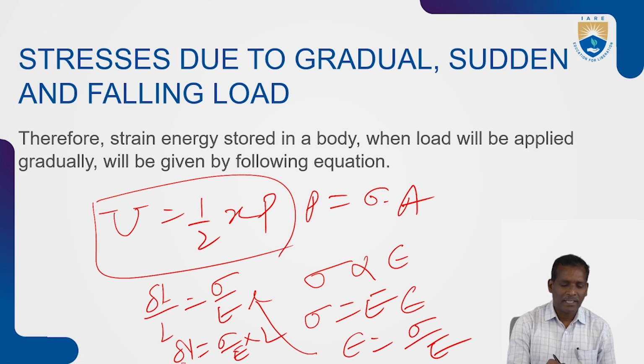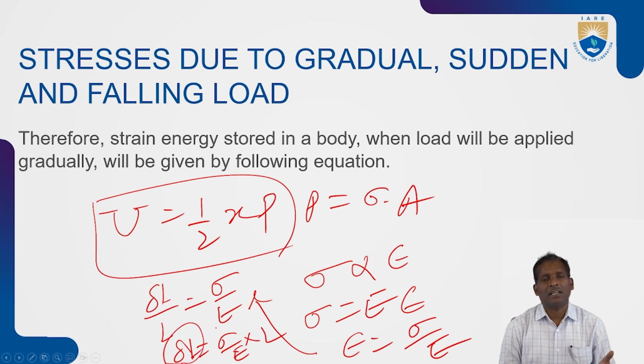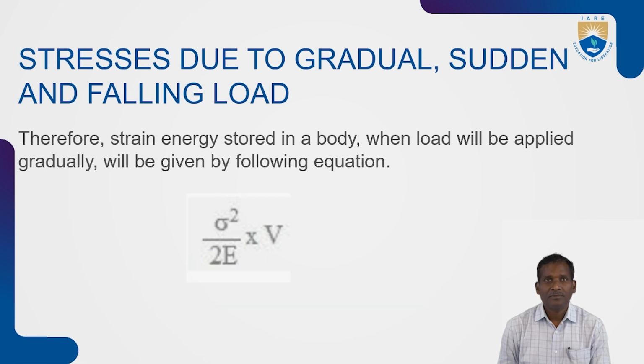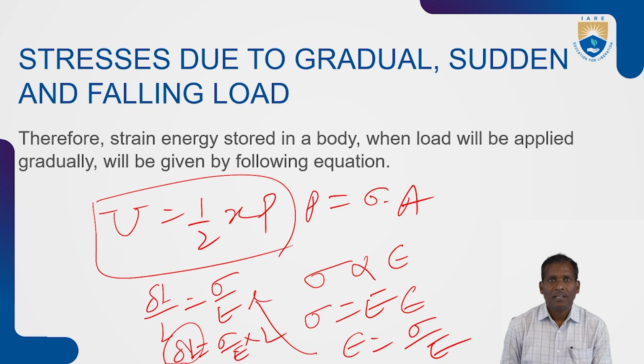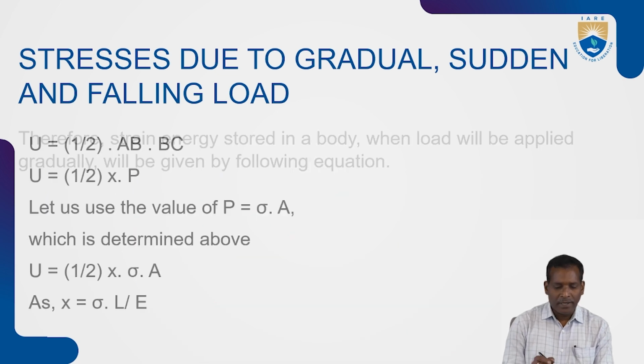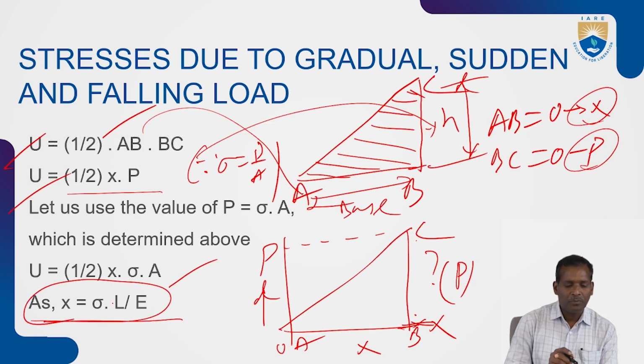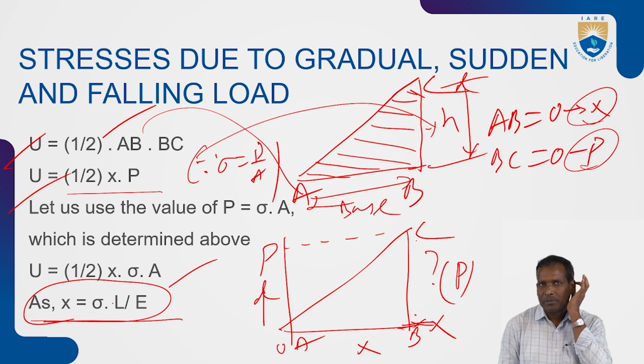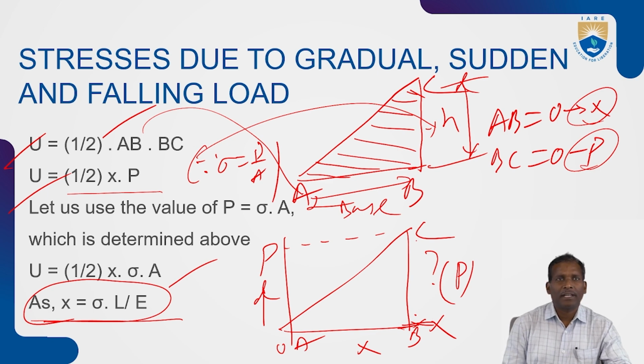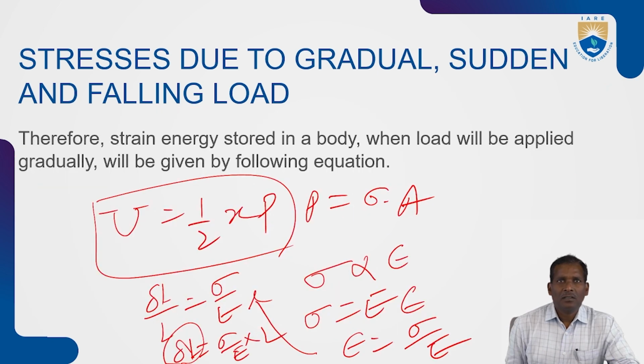So what is this delta L? The delta L is the change in length, that is the deformation X. So you can write X is equal to sigma multiplied with L by E. Okay.